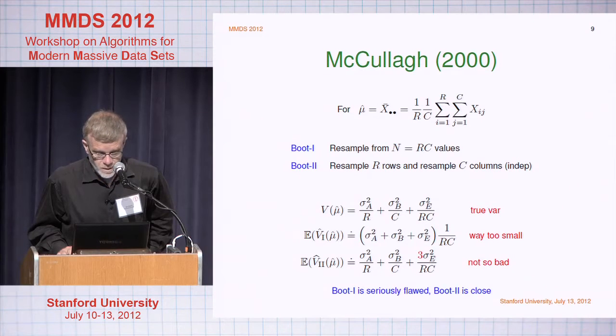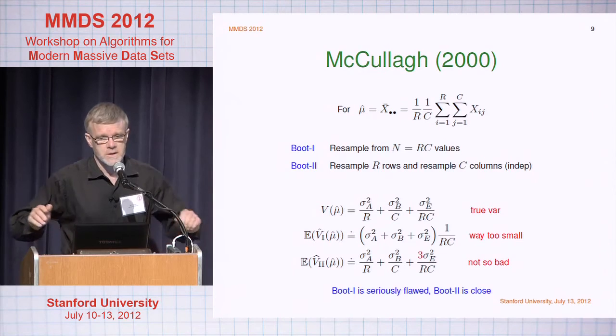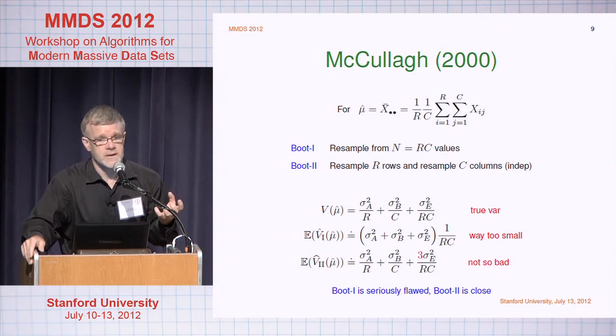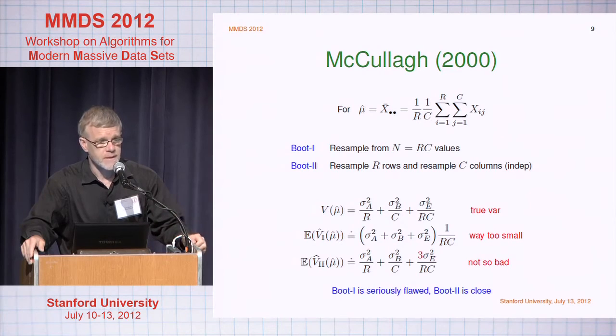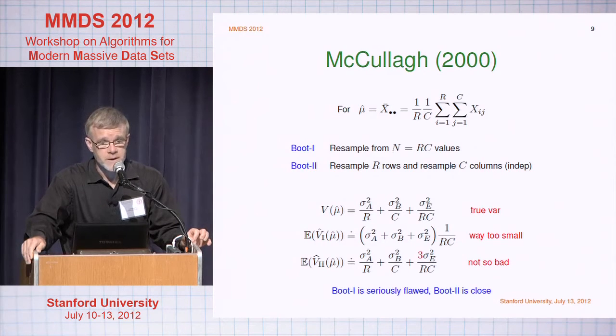Or the other thing you could do, and the thing that we like, is you could bootstrap the rows and then independently bootstrap the columns. So suppose your favorite data point is row 1, column 1. And I do a bootstrap, and row 1 comes in 2 times in the bootstrap resampling. And column 1 comes in 3 times. Then your favorite observation just came in 6 times as a little 2 by 3 matrix.